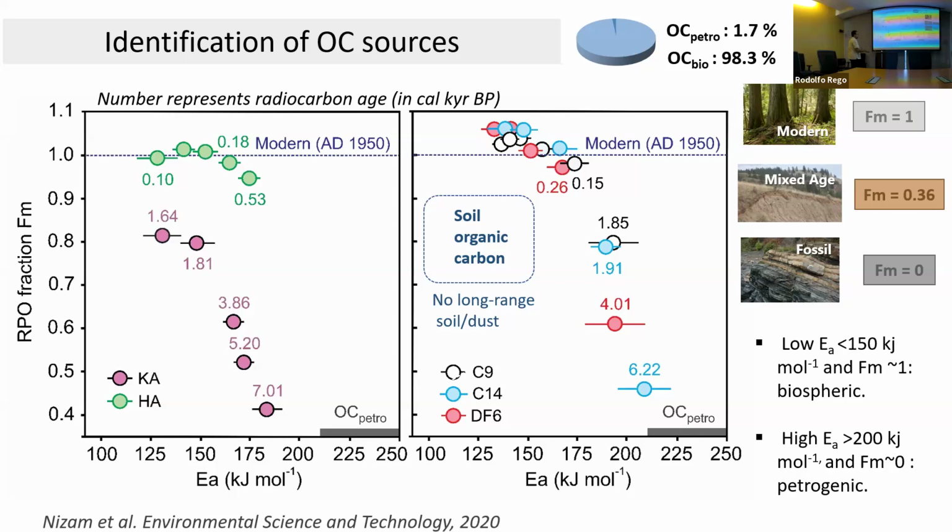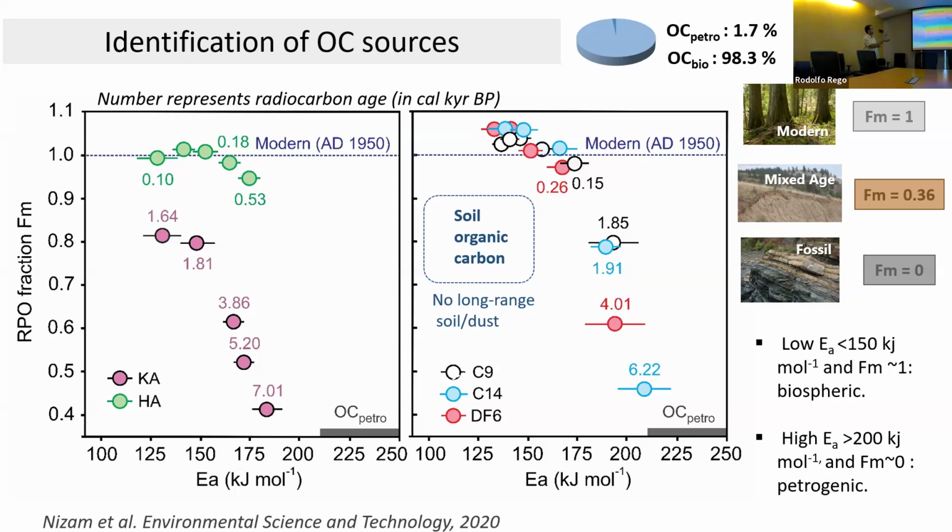And OC Petro, which is the one derived from petrogenic, the rock derived carbon, these are again very resistant, so they all will have very high activation energy. So similarly, when we plotted both the samples, the cryogenic sample, we had 2 samples, right, of different fractions.